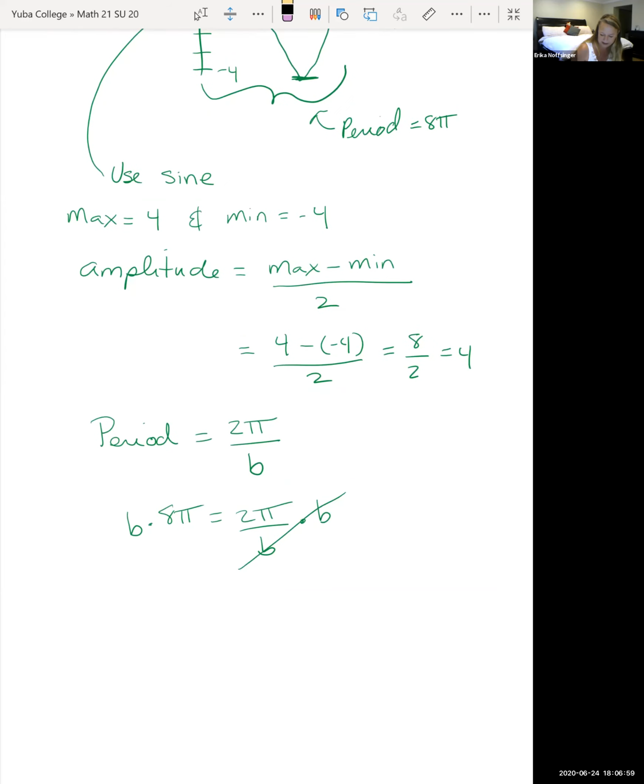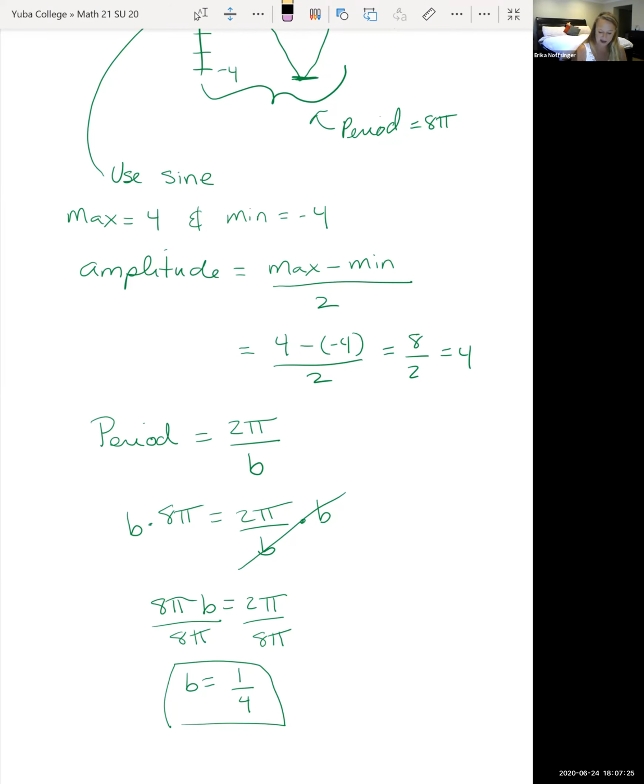We're left with 8 pi B equals 2 pi. Divide both sides by 8 pi to get B by itself. The pi's cancel, and this reduces to 1/4. So we know B is 1/4.